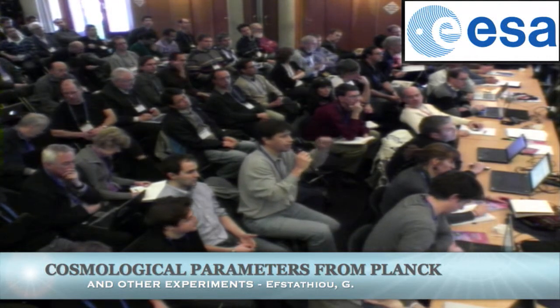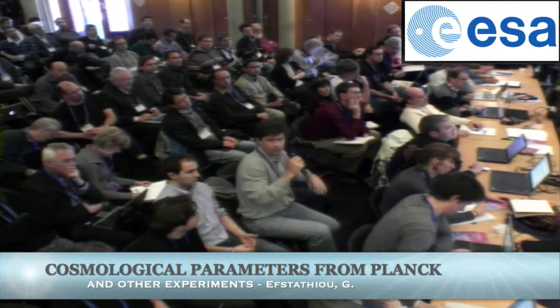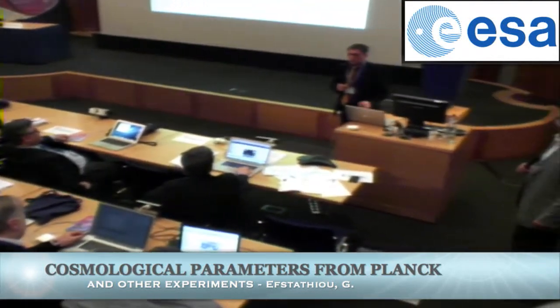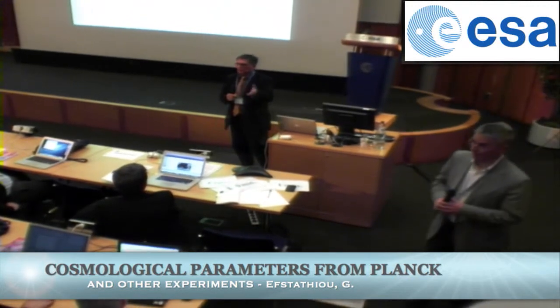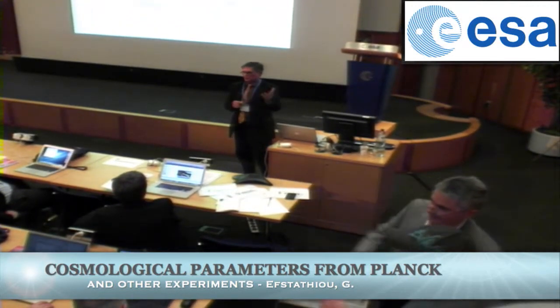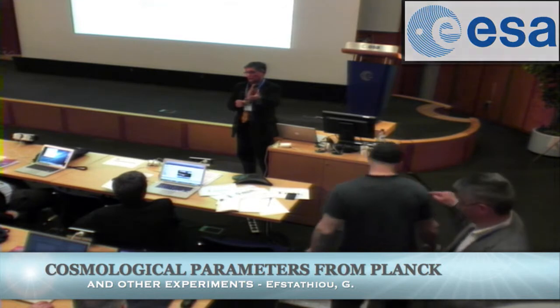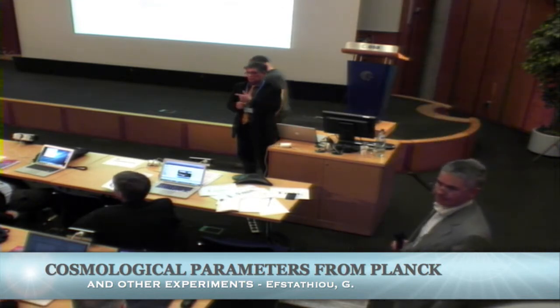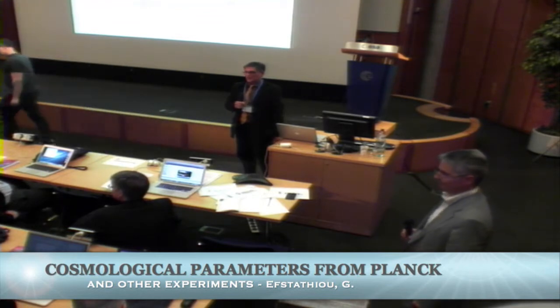Is that happening, and at what level? Well, we could easily sort that problem out numerically by looking at the changes. I don't know the number off the top of my head, but of course you know the direction that it would go in. The data would favour negative tensors.